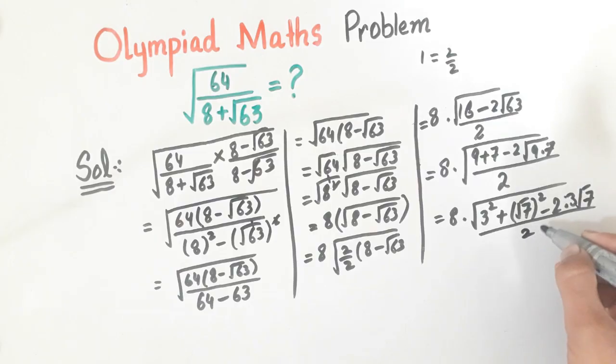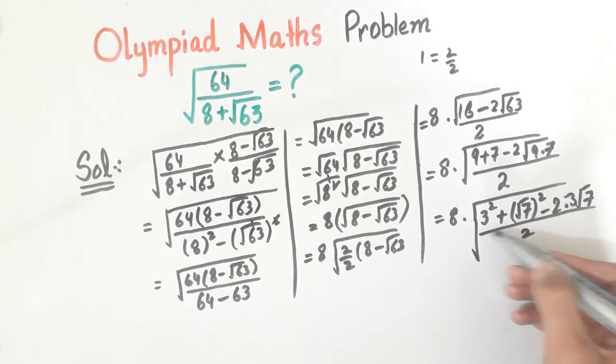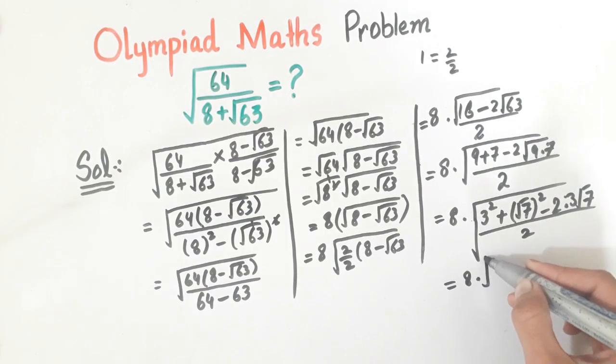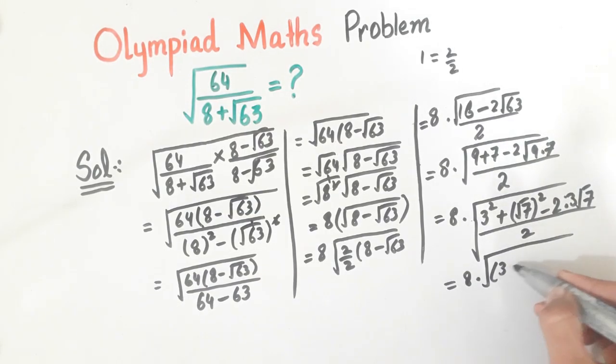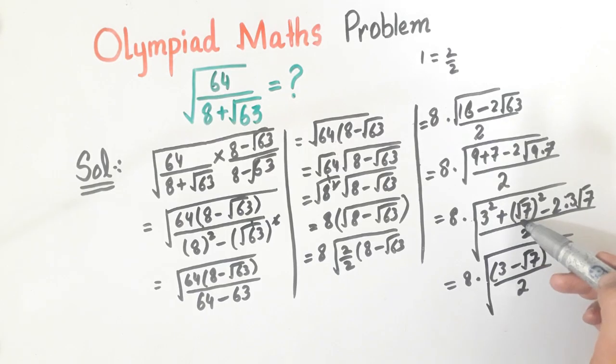Now you can see we have, this is the formula of 8 into 3 minus square root 7 whole square and divided by 2. This is the formula for whole square. Because this is a square plus b square minus 2ab, this will become a minus b whole square.